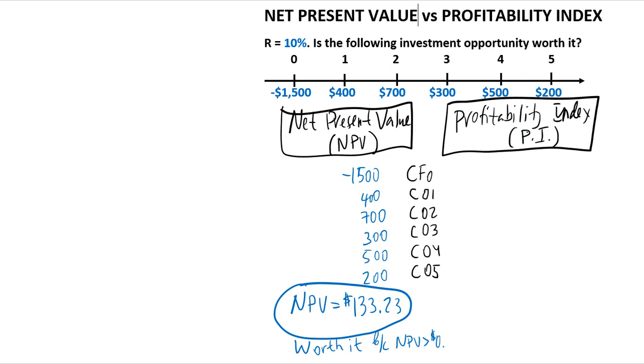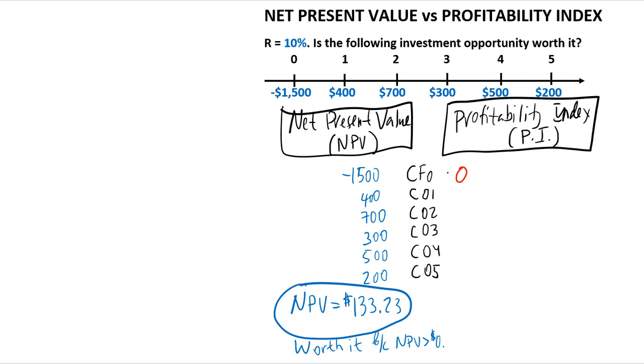With the profitability index, it's actually very similar. Here's what we do. One thing we do differently is, for cash flow 0, we enter 0. And why? Because we're going to do it in 2 steps. The first step is we discount back just all the future cash flows, as if there is nothing for year 0, no $1,500.